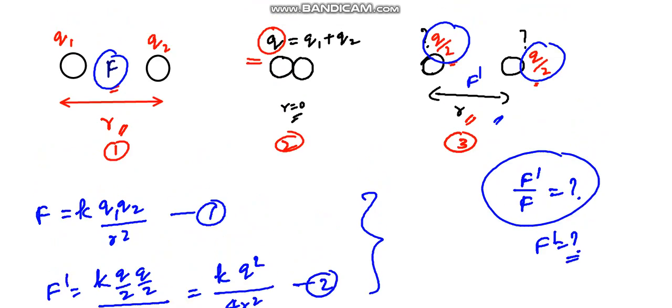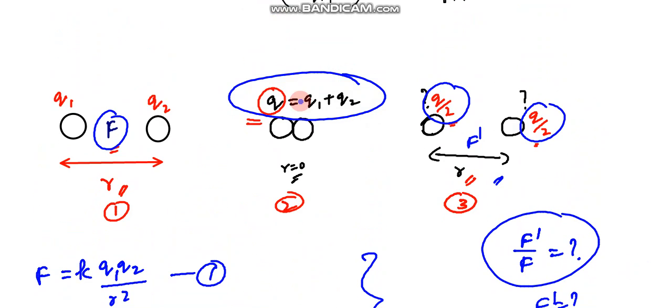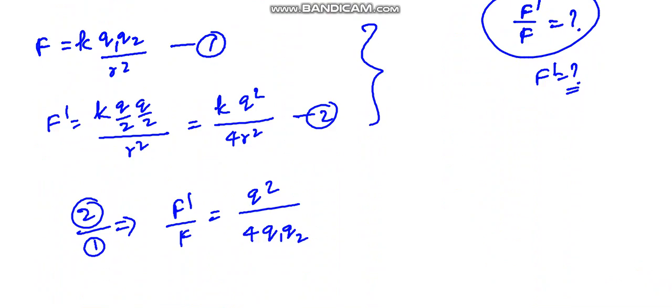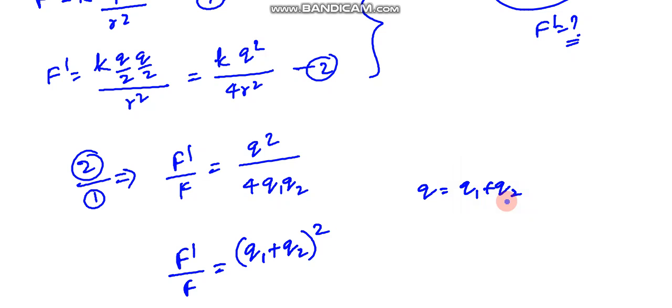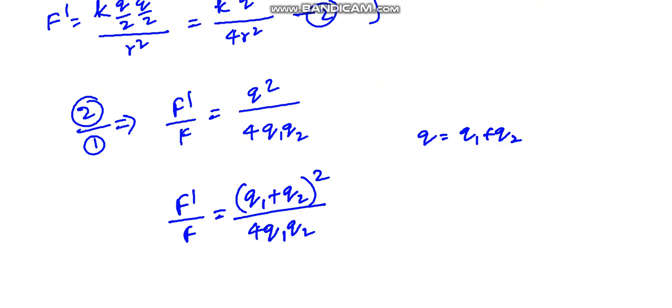Yes, obviously. Here the total charge q is nothing but the sum of q1 and q2. So I am writing this q square as q1 plus q2 whole square. Therefore finally we get F dash by F equal to q1 plus q2 whole square divided by 4 q1 q2.